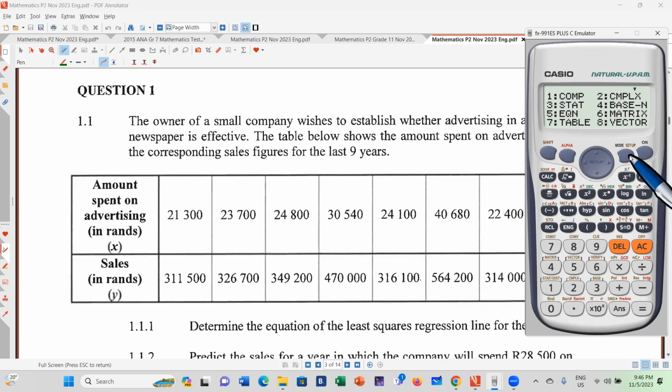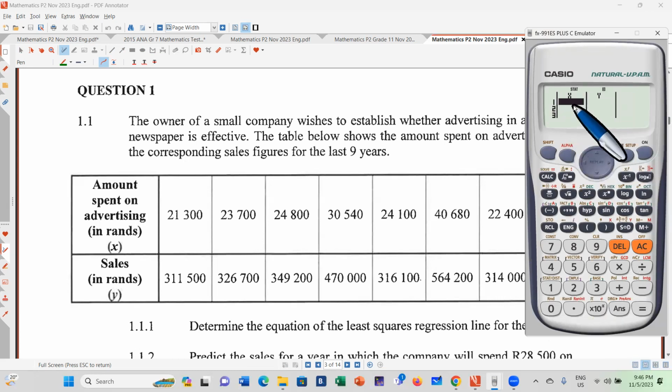After pressing mode, we see comp, stat. So we're going to do stat, statistics. So we do 3. After that, we want to find the regression line, which is of the form A plus BX, like MX plus C. So we're going to press 2.